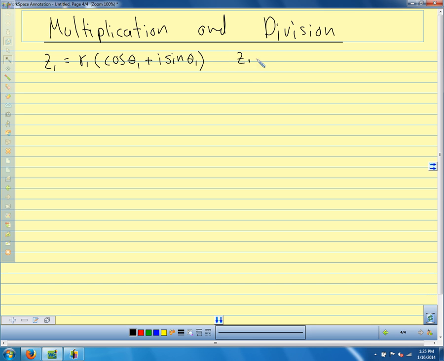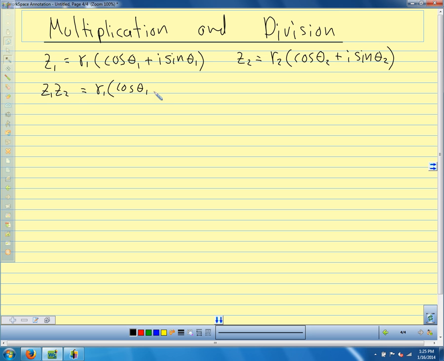And z2 equals r2 cosine theta 2 plus i sine theta 2. And we're going to multiply these two together. z1 times z2.